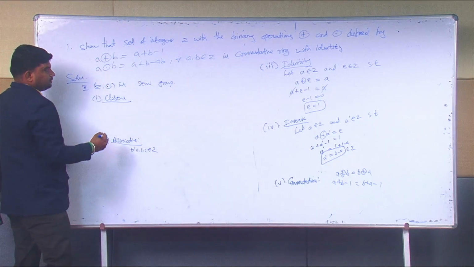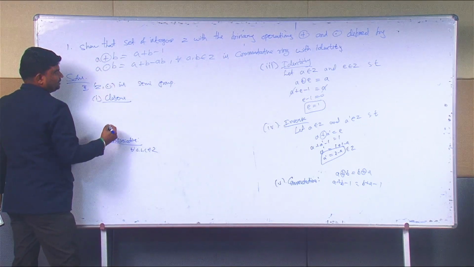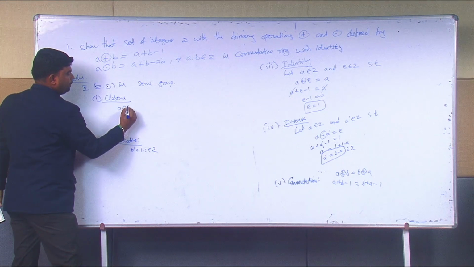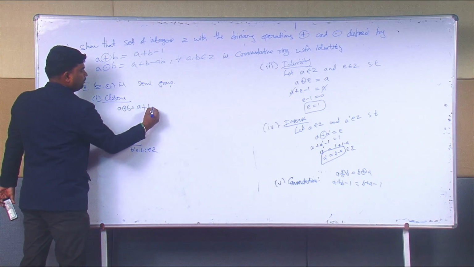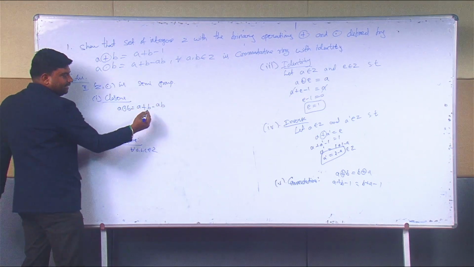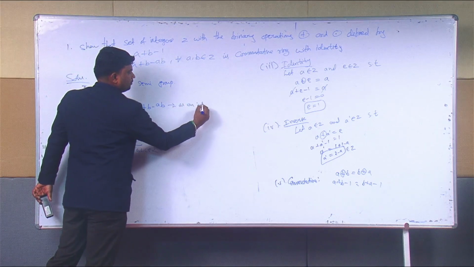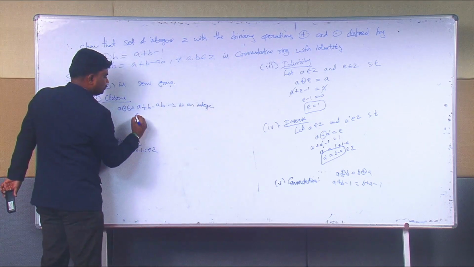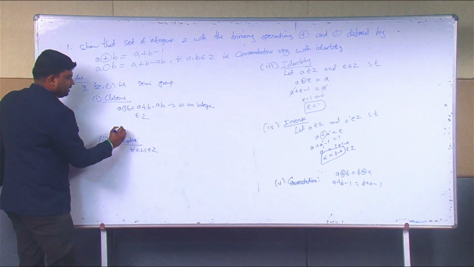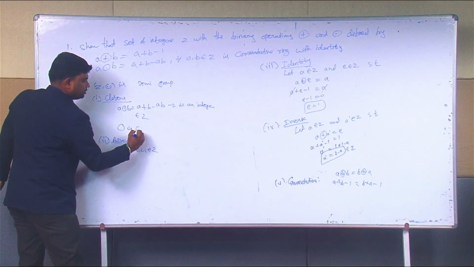So closure means, by the definition of multiplication modulo, A dot B is equal to A plus B minus AB. So clearly it is an integer, so that belongs to Z. Therefore multiplication modulo is closed.